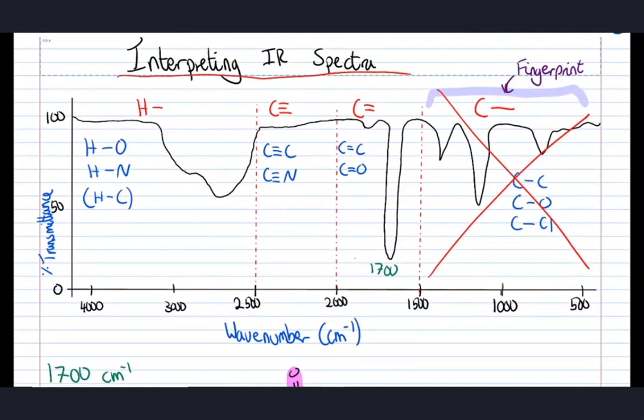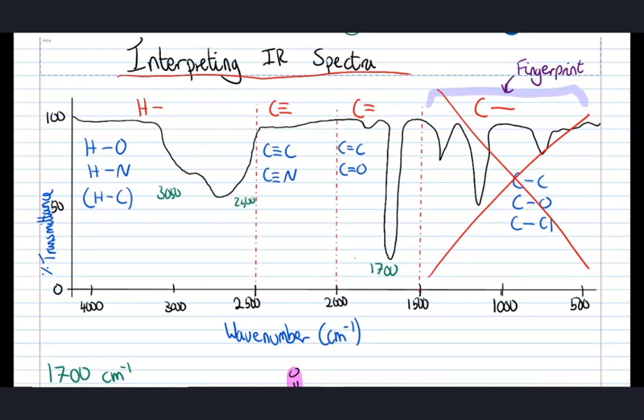Now, we've got nothing in the carbon triple bond region, but we do have this in the hydrogen single bond region. And this to me looks like it's starting somewhere around 3000, maybe 3050, and ending pretty much on 2500.